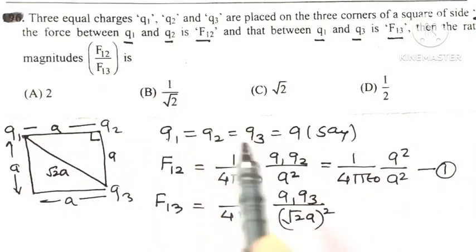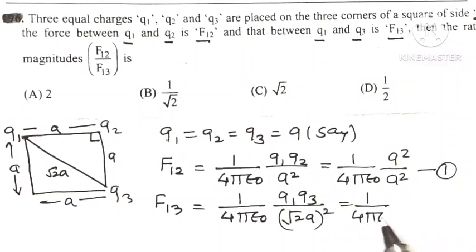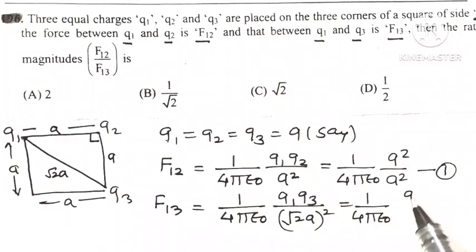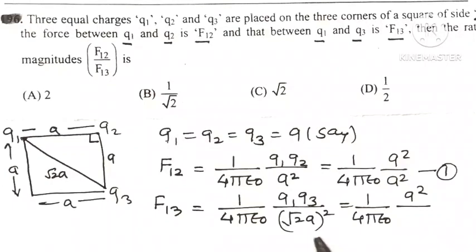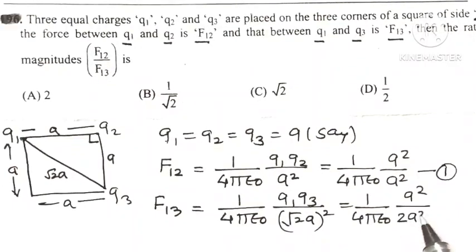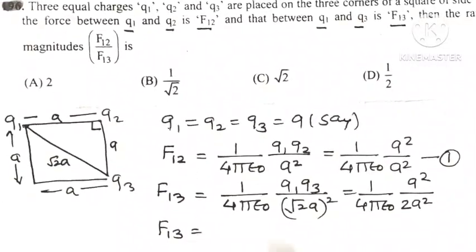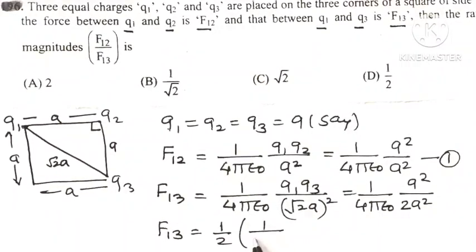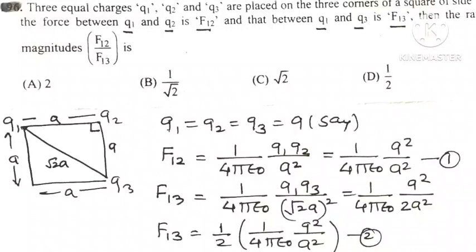But we know Q1 equal to Q3 equal to Q. So this is equal to 1 upon 4 pi epsilon 0, replace Q1 and Q3 both by Q, so it is Q square divided by root 2A whole square. Square of root 2 is 2 and that of A square. So F13 is equal to, take this 1 by 2 outside, 1 by 2 in bracket 1 upon 4 pi epsilon 0 Q square divided by A square. This is equation number 2.